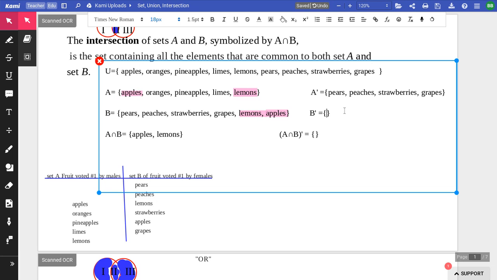Now let's look at what's not in B. So first we need to see what is in B. Pears are in B, peaches, strawberries, grapes, lemons, apples. Okay, so we know that oranges are not in B, pineapples are not in B. Are there any other fruits that are not in B?